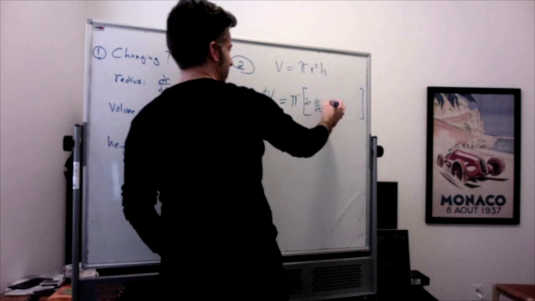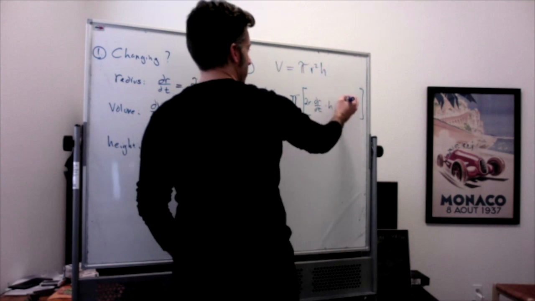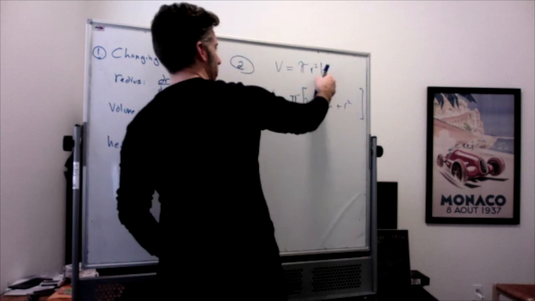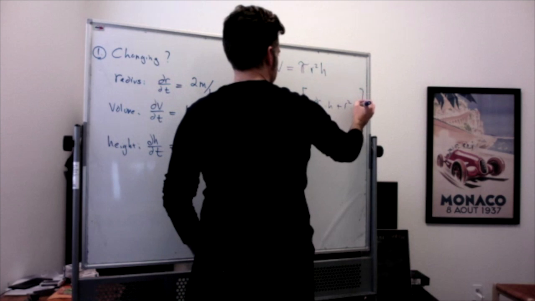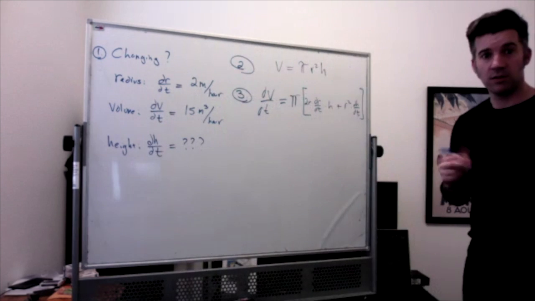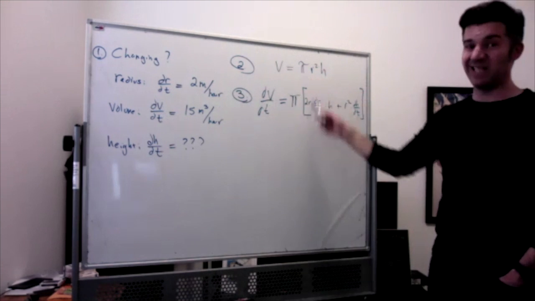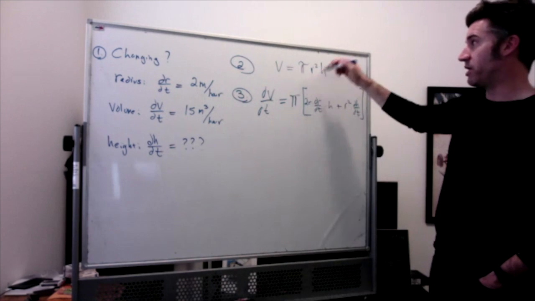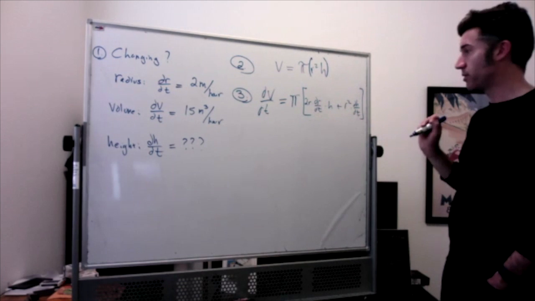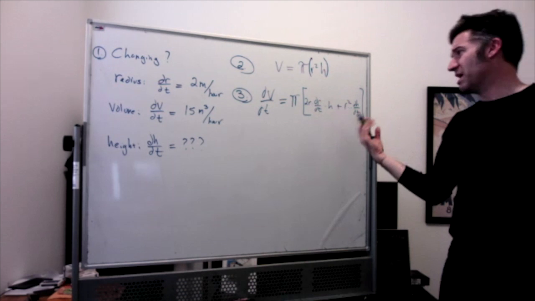And then I have to multiply by the h. Plus, now we leave the r squared alone, and the derivative of height is dh/dt. So again, we have a constant multiple. It just hangs out in front. And the derivative of the r squared h is this product rule result here.